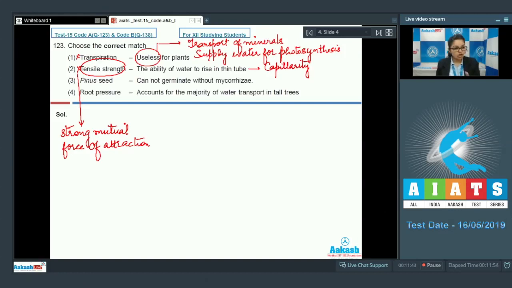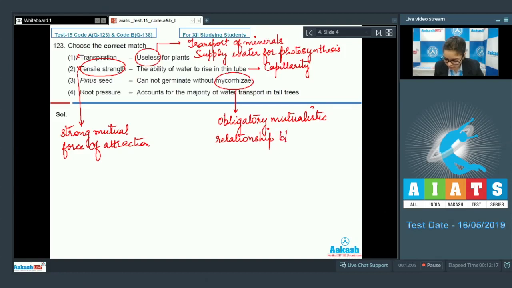Pinus seeds cannot germinate without mycorrhiza. So what is mycorrhiza? Can I say mycorrhiza is an obligatory mutualistic relationship between fungi and higher plants.